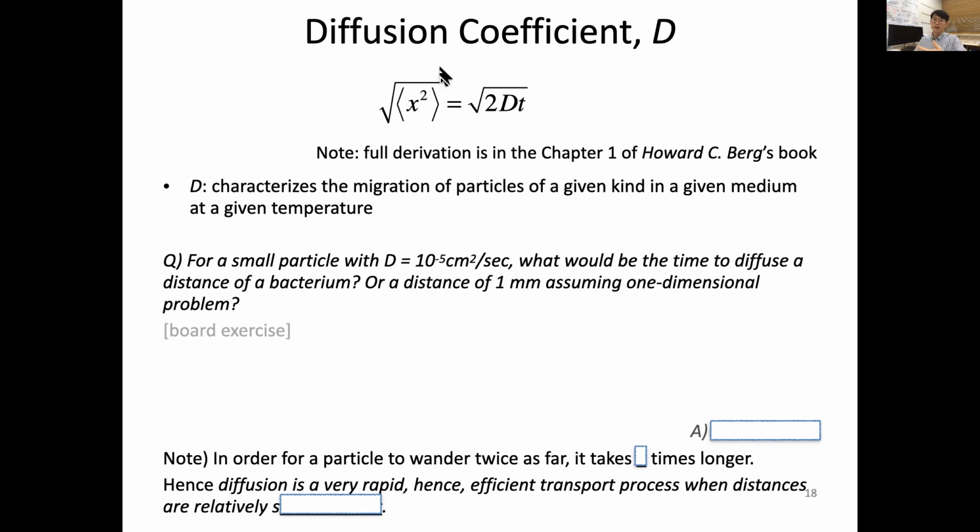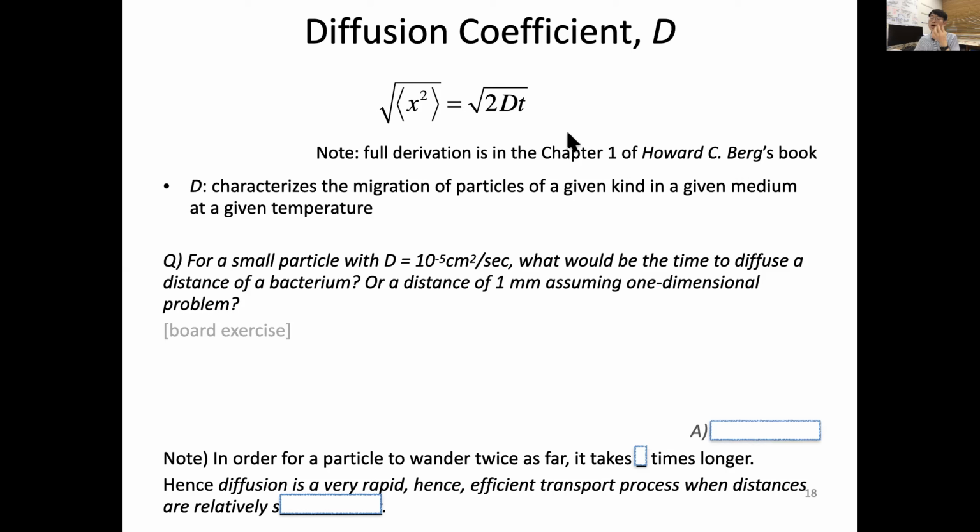Later on. Regarding the diffusion coefficient, let's remember the root mean square of displacement from a random walk: x squared mean is proportional to 2Dt. We put the 2 there, remember, when we derived this from the random walk, and the full derivation is in this reference too.